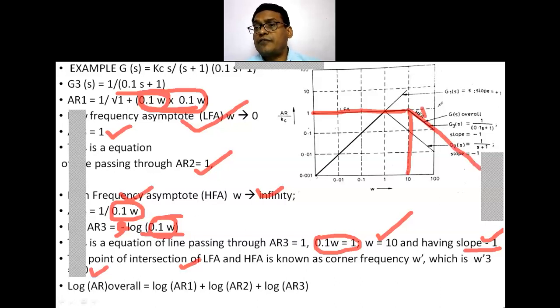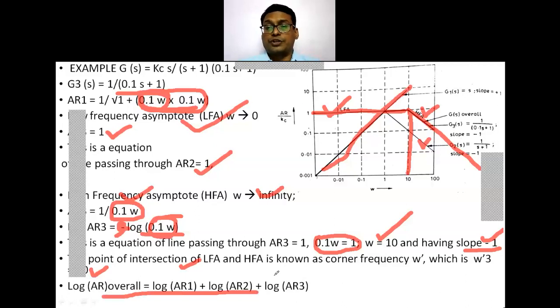So this is the high frequency asymptote for the third transfer function, the high frequency asymptote for the second transfer function, the low frequency asymptote for the second and third transfer function, and this is for the first transfer function. Now the overall amplitude ratio is nothing but the log of amplitude ratio 1 into log of amplitude ratio 2 into log of amplitude ratio 3.